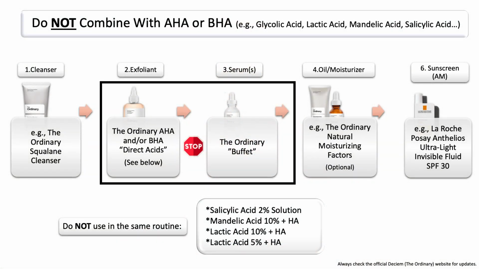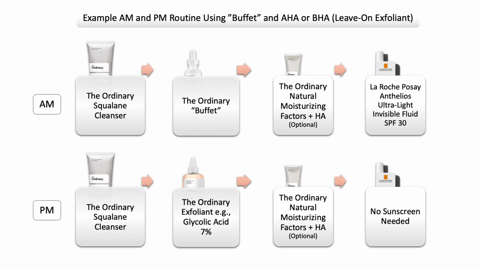Well, first of all, I want to go over the AHA and BHA acids, which are basically the leave-on exfoliating acids that The Ordinary has, such as The Ordinary glycolic acid, lactic acid, mandelic acid, or salicylic acid. When using Buffet, please do not use any of those exfoliating acids in the same routine. Keep them separate. So let's say you have glycolic acid as well as Buffet, and you aren't sure how you should use them.